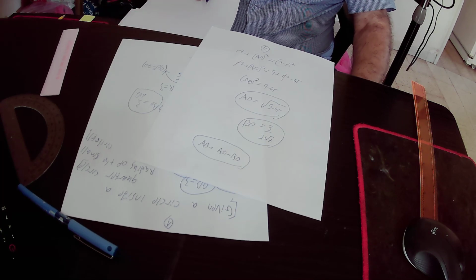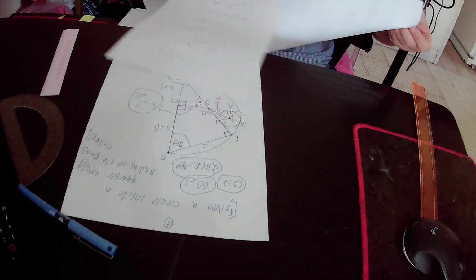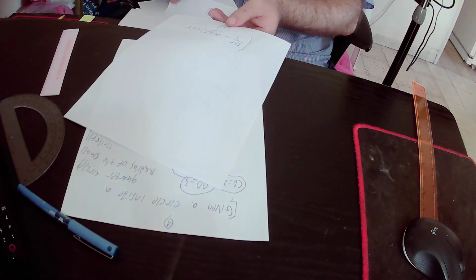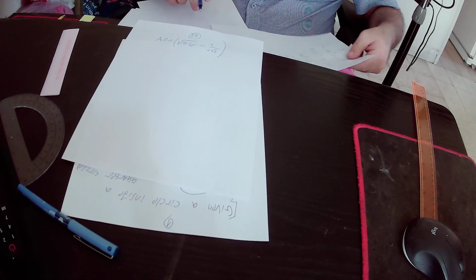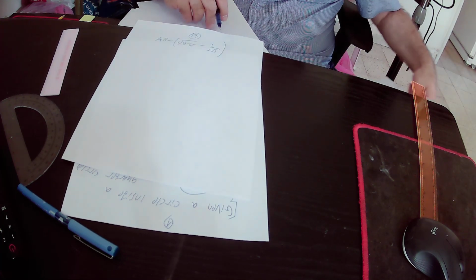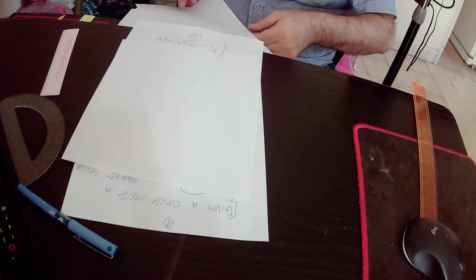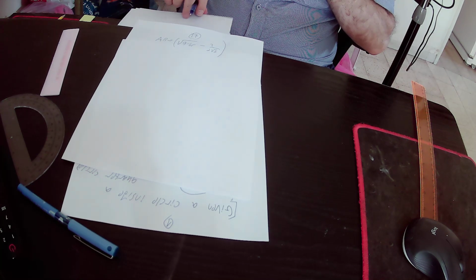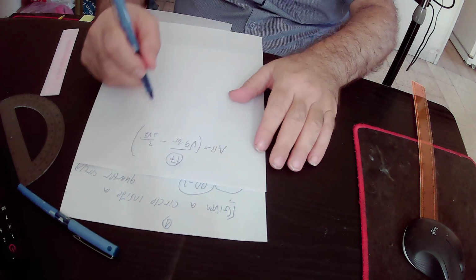So in total we found out that AB equals the root of 9 minus 6R minus 3 over 2 times root 2, and so that is the value of AB.